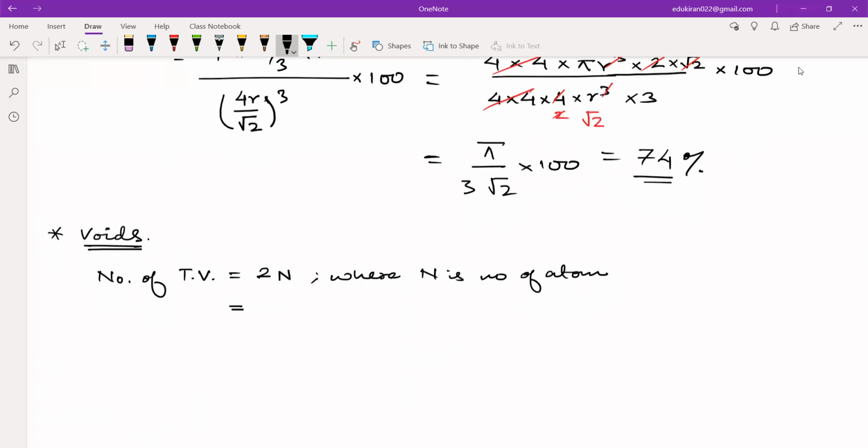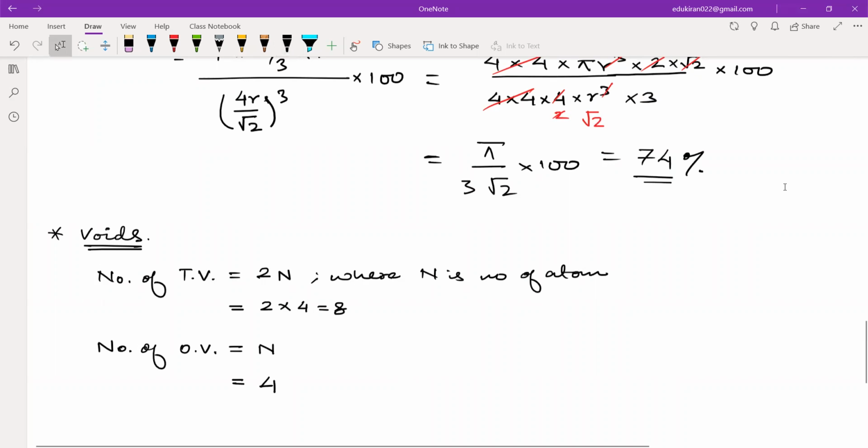Hence the number of tetrahedral voids will be equal to 2 into 4, which is 8. And the number of octahedral voids is equal to n, where n is the number of atoms, and hence the number of octahedral voids is equal to 4 only. So we have 8 tetrahedral voids in ABC type, and we have 4 octahedral voids.